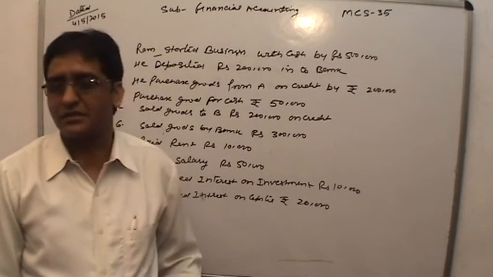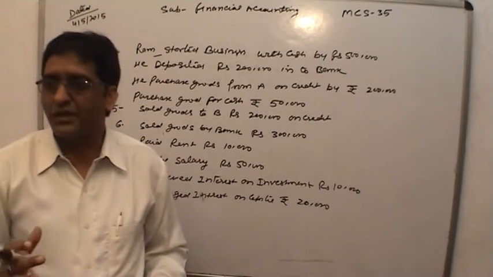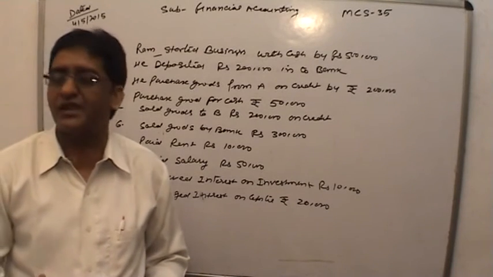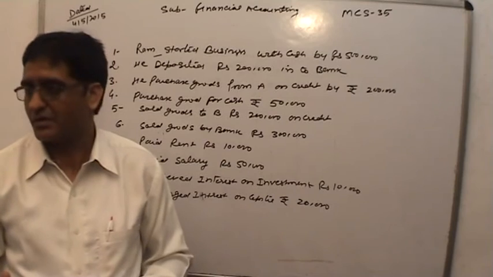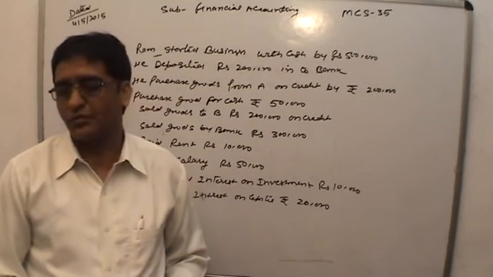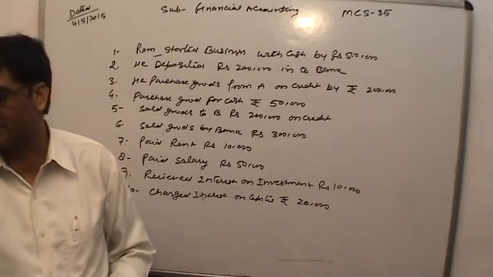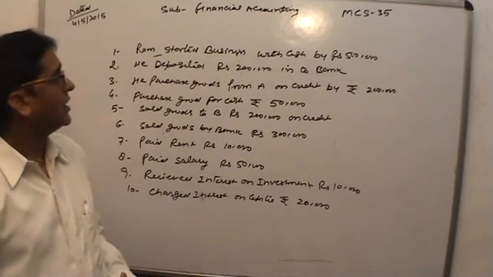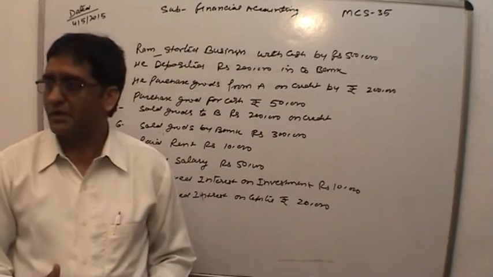In this case, we analyze the transactions or identify what has happened. In this transaction, cash is received by you because you are working on behalf of the firm. So cash received by you, and a person Ram has given.